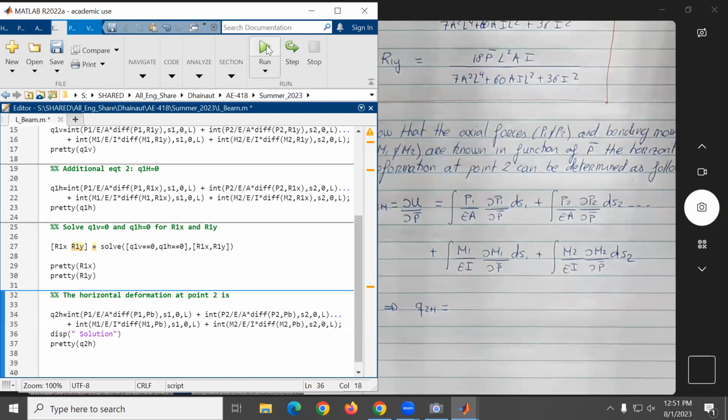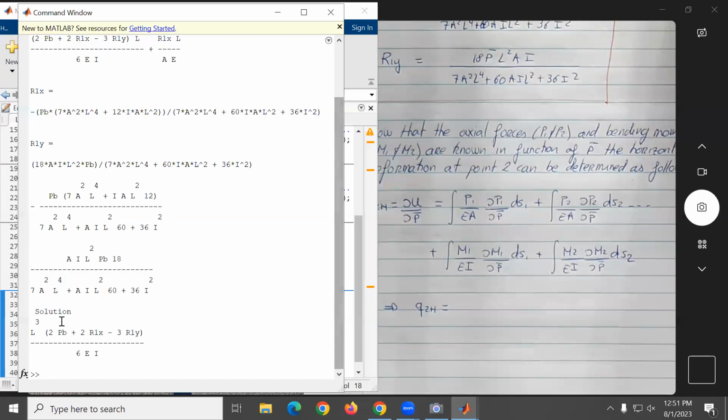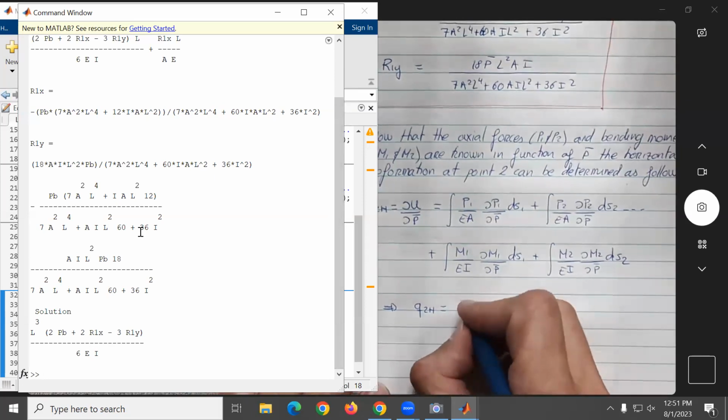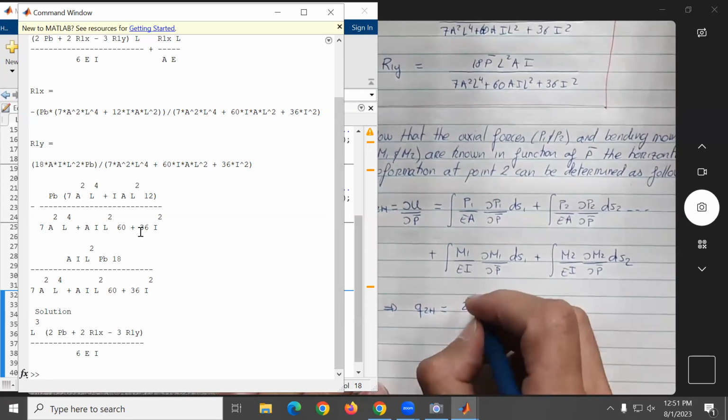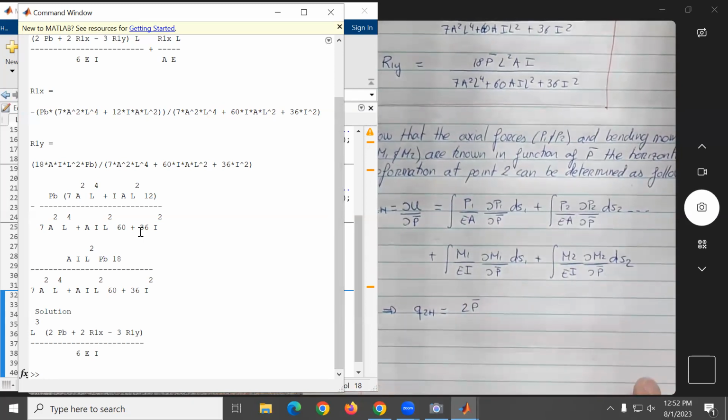Solution. Yeah, okay, good. So it's not complicated at all. So at the end, what we have, Q2H will be equal to 2P bar. Oh, no, here's the problem. Okay, it did not do it the way it should have.